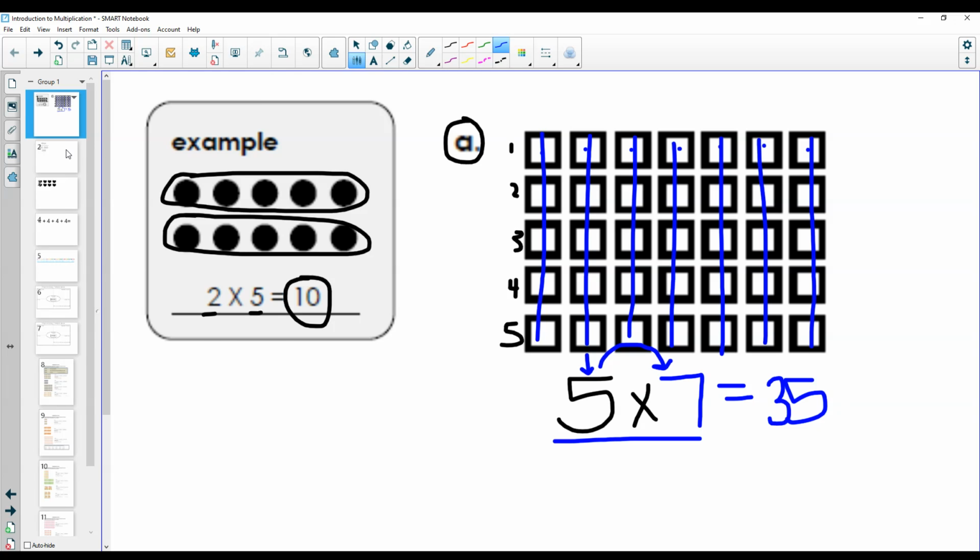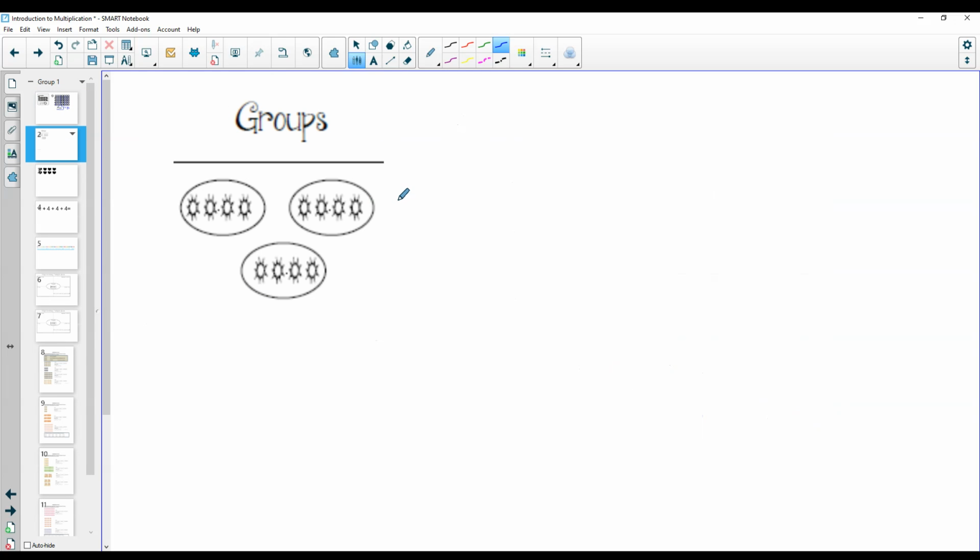Another way to think about multiplication is groups. You have 3 groups of 1, 2, 3, 4. You have 4 here, you have 4 here, you have 4 here. And when you're adding 4 3 times, that's where we get the word times, you're doing 4 times 3.